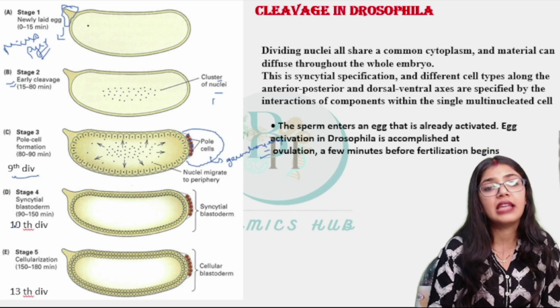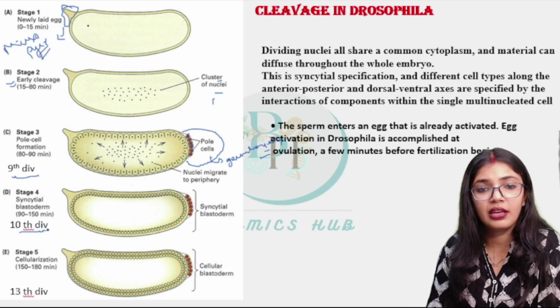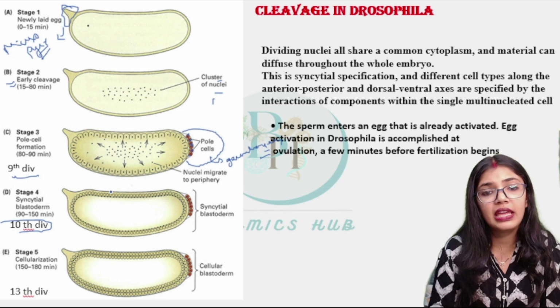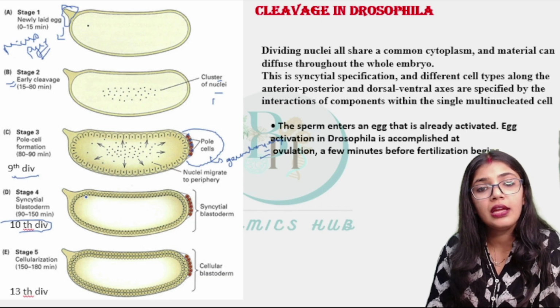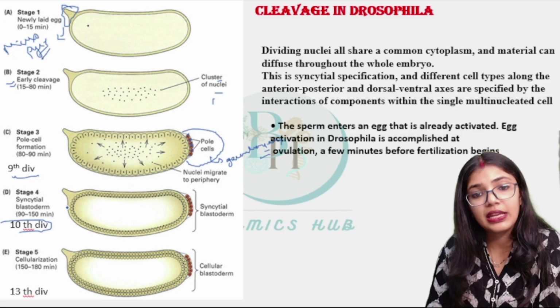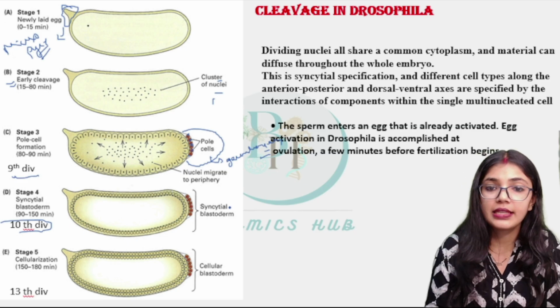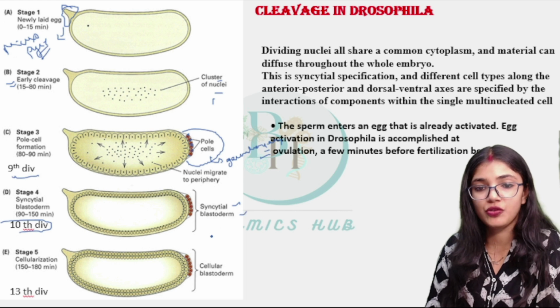Next, in the 10th division, what happens? The nuclei are now totally present in the periphery. This stage is known as the syncytial blastoderm.